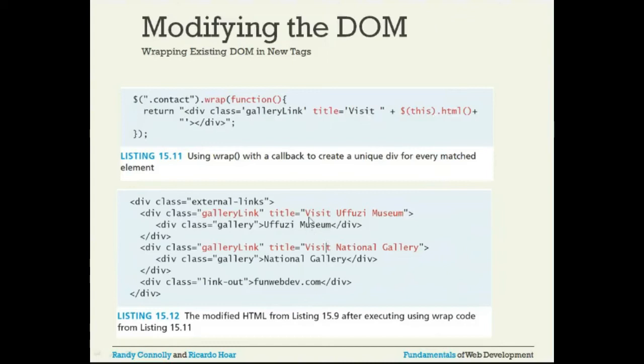You can see title is equal to visit and the HTML of this particular element. Similarly, when it is wrapping around this element, what is the HTML content here? National gallery. So it is going to concatenate with visit. So the title becomes visit national gallery.